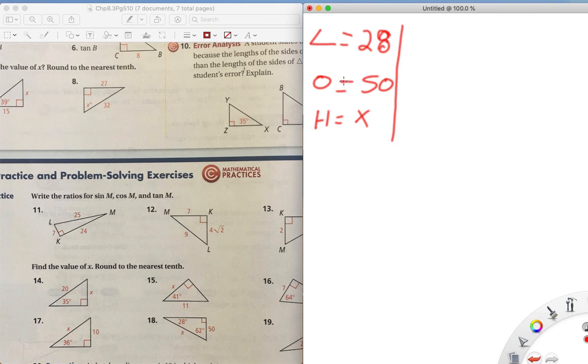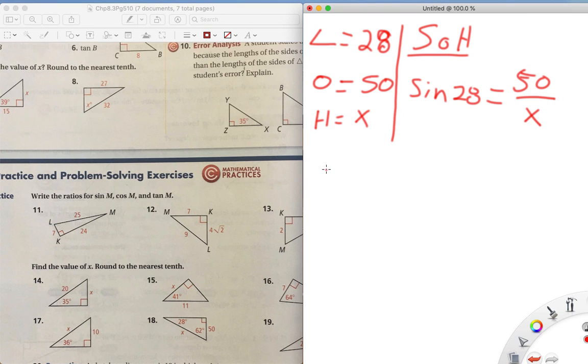So I have an opposite and a hypotenuse, so looking at my SOHCAHTOA, sine is opposite over hypotenuse, so I think I'm dealing with sine. Sine of 28 is equal to opposite, in this case 50, over hypotenuse.